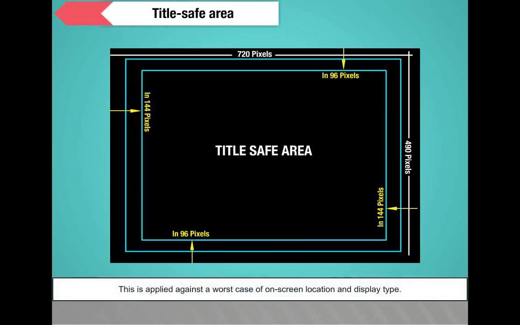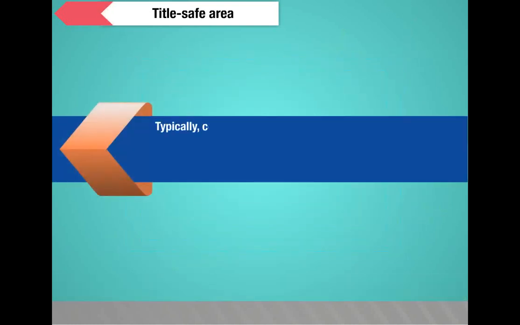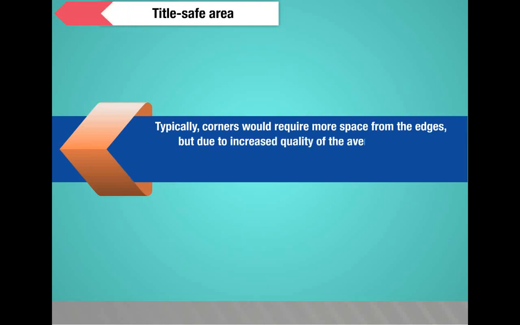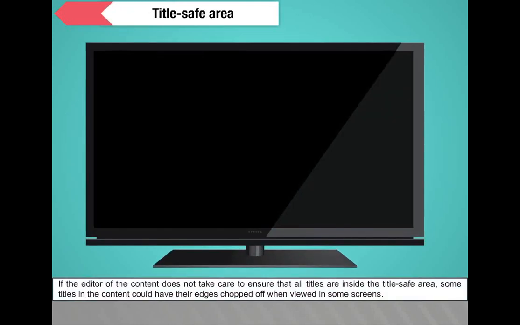This is applied against a worst case of on-screen location and display type. Typically, corners would require more space from the edges, but due to increased quality of the average display, this is no longer the concern it used to be, even on CRTs.